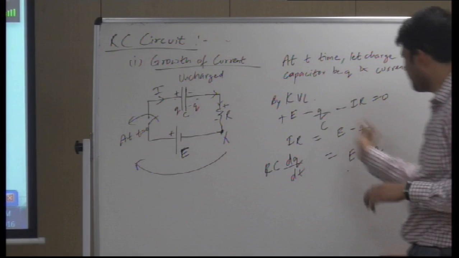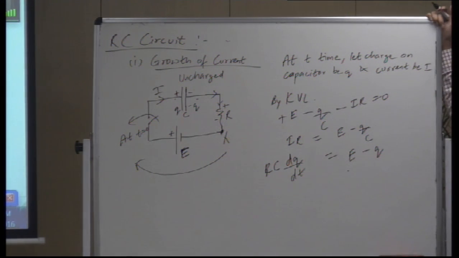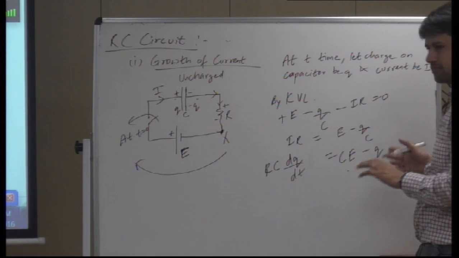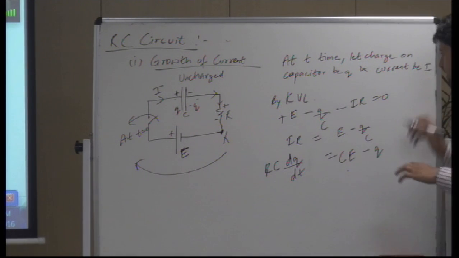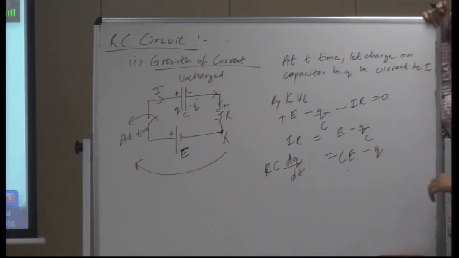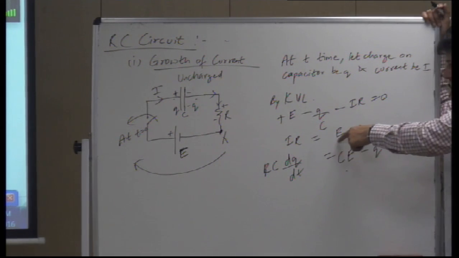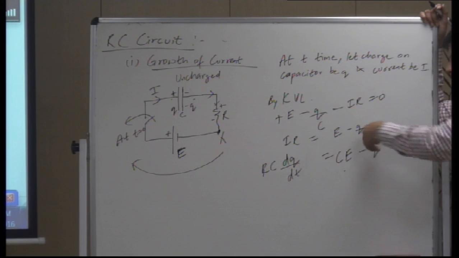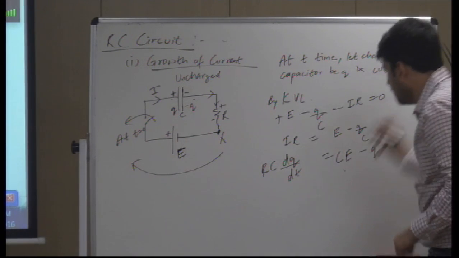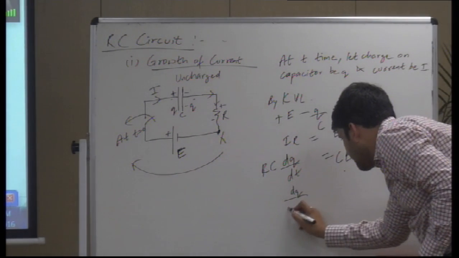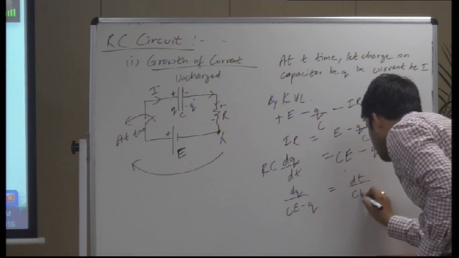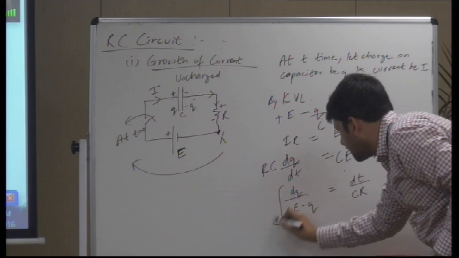Take the LCM and bring it here. The LCM would be CE, so the total thing would be (CE minus Q) upon C. Bring C there. So now do this: dQ by (CE minus Q) is equal to dt by CR, and integrate it.